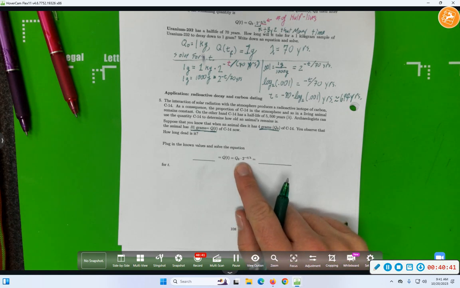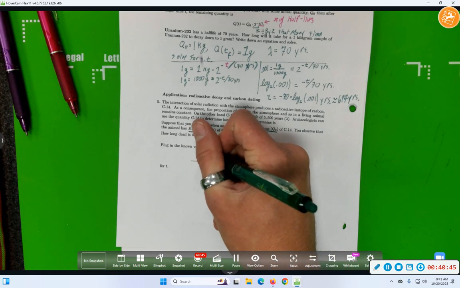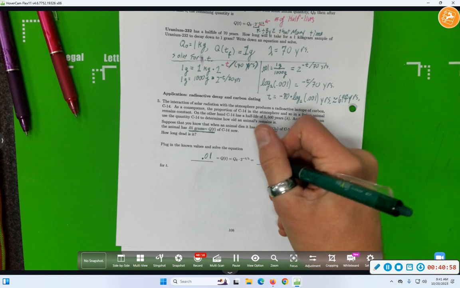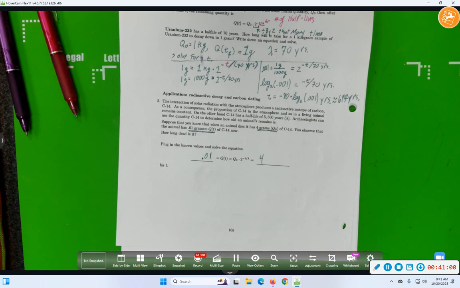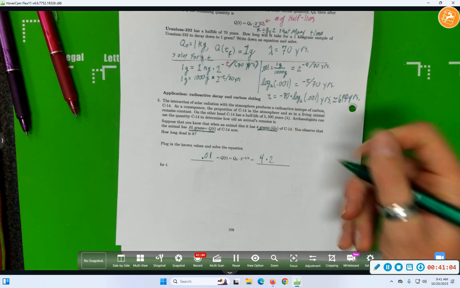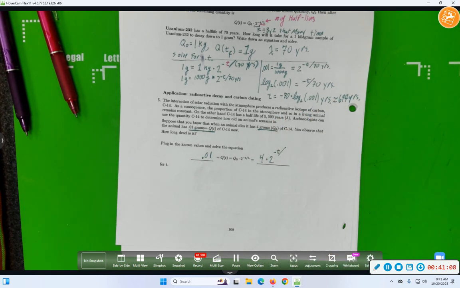we have the half-life formula. I would like to know how long it would take for the quantity of C14 to reduce to 1/100th of a gram. Do I know the initial quantity? 4 grams, and all the units are consistent, so I'm going to suppress the units. Times 2 to the negative t divided by what's the half-life?